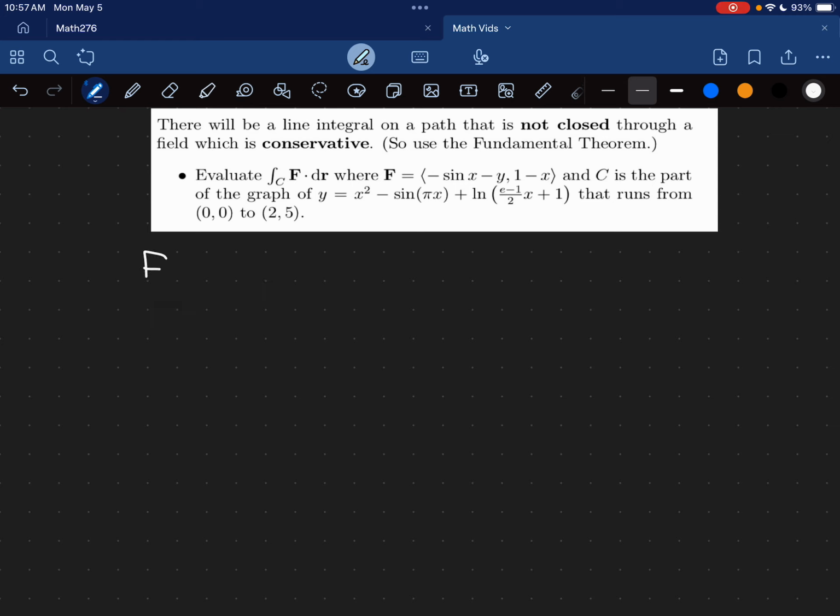Okay, so our big F is equal to negative sine x minus y, comma 1 minus x.